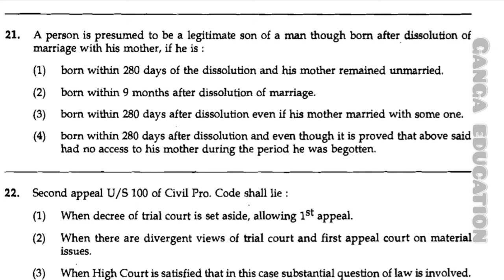Option number 3, born within 280 days after dissolution even if his mother married with someone. Option number 4, born within 280 days after dissolution and even though it is proved that above said had no access to his mother during the period he was begotten. And the correct answer is option number 1, born within 280 days of the dissolution and his mother remained unmarried.